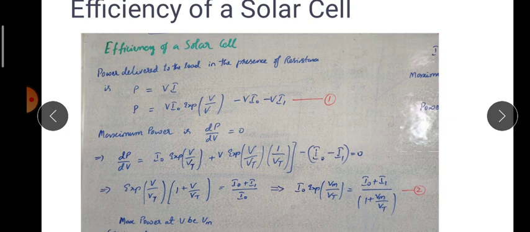obtained can be written mathematically by differentiating the above formula and equating the differentiation to 0. That is, if we differentiate the above equation with respect to V, the equation turns out to be I naught exponential of V by Vt plus V into exponential of V by Vt into 1 by Vt, that is terminal voltage, minus I naught minus IL is equal to 0.